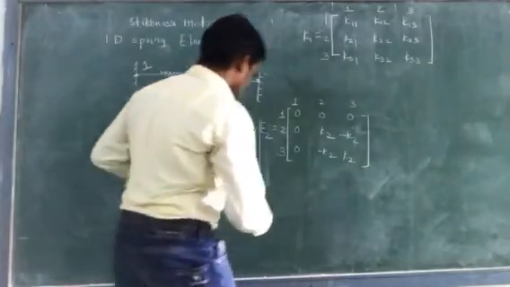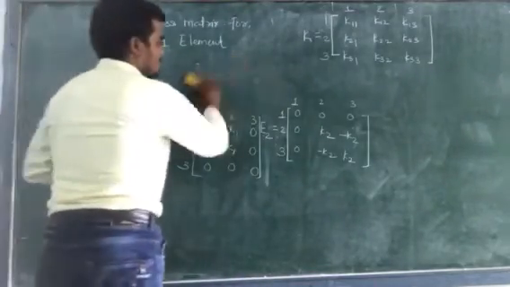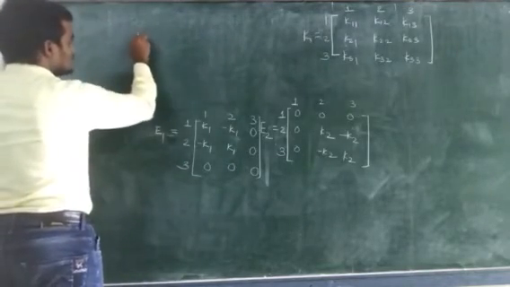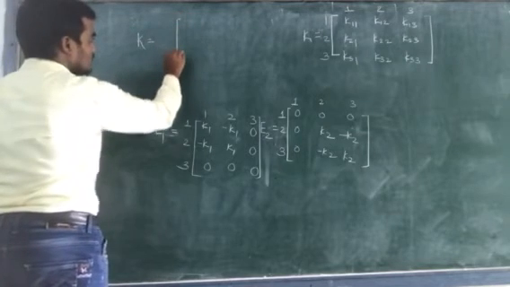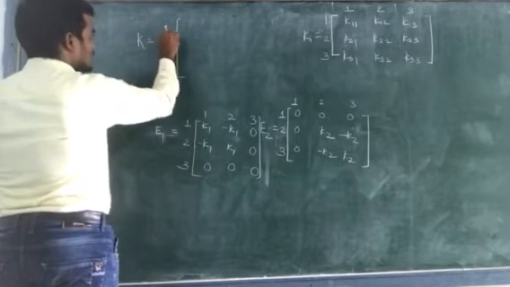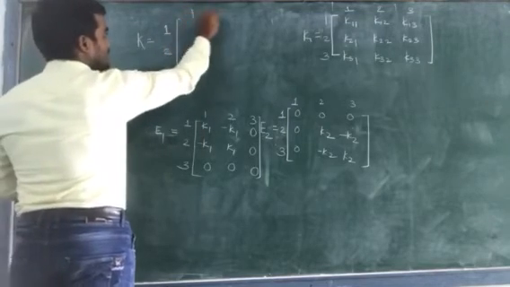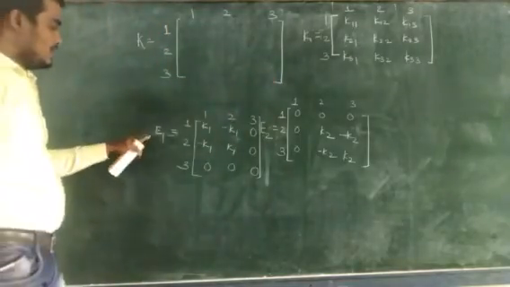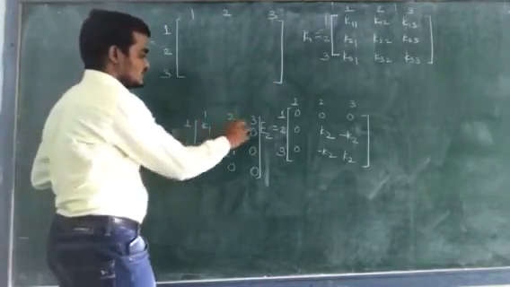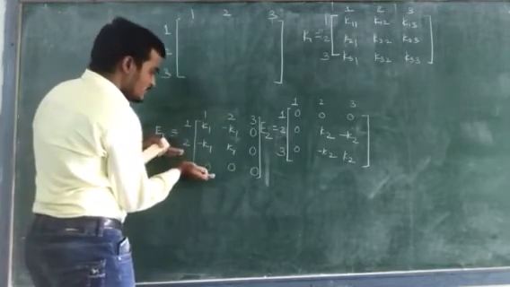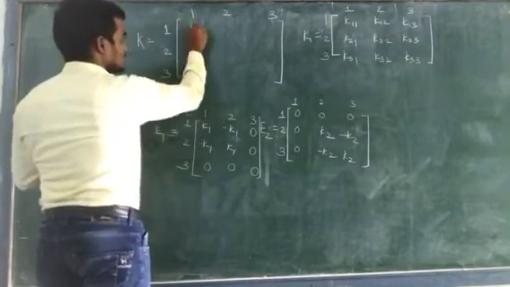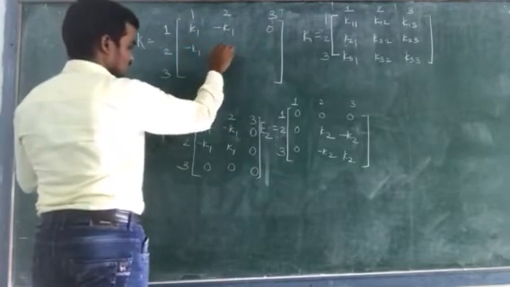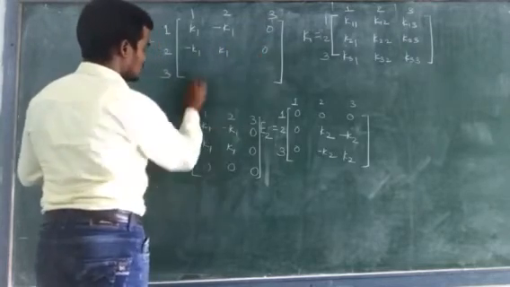So now your global stiffness matrix will become of order 3 by 3, between positions 1, 2, 3. Means map this E1 into the global stiffness matrix as K1, minus K1, 0, then minus K1, K1, 0, then 0, 0, 0.